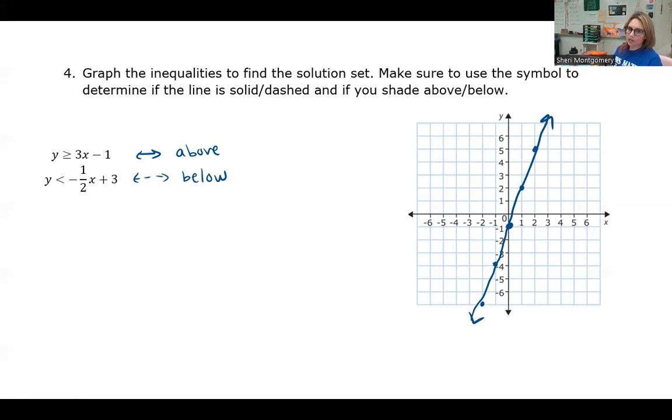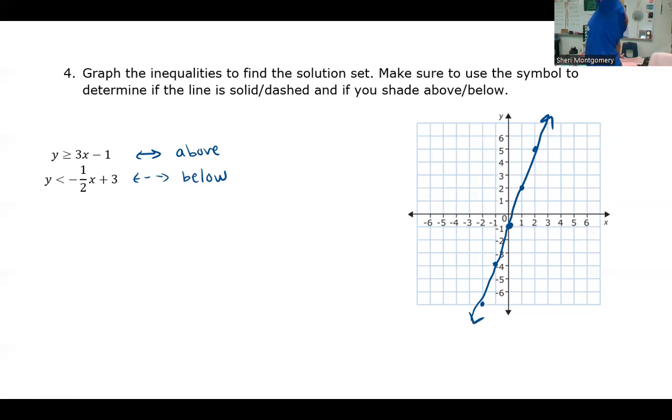And then I need to shade above. So this one is kind of a tilted line. So what I'm going to do is I'm going to start out thinking, okay, if I can start from here, if I shade above, I'm going to shade like this. Well, then I need to tilt my line so that it looks the same. So my line tilts like that, pretty steep. So I need to shade on this side.